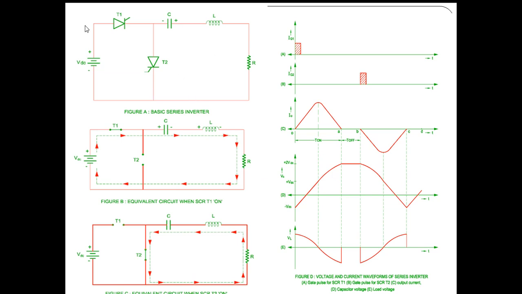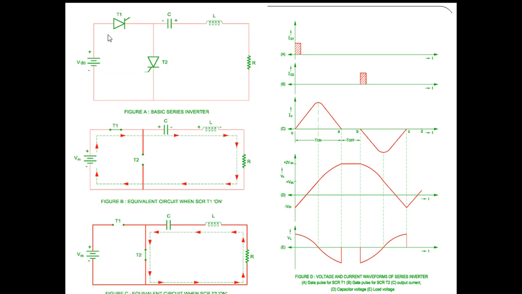Initially, we are turning on thyristor T1. From now onwards, when we are discussing thyristors, the thyristor circuit consists of a latching circuit and commutating circuit, turning on circuit and turning off circuit along with this symbol.